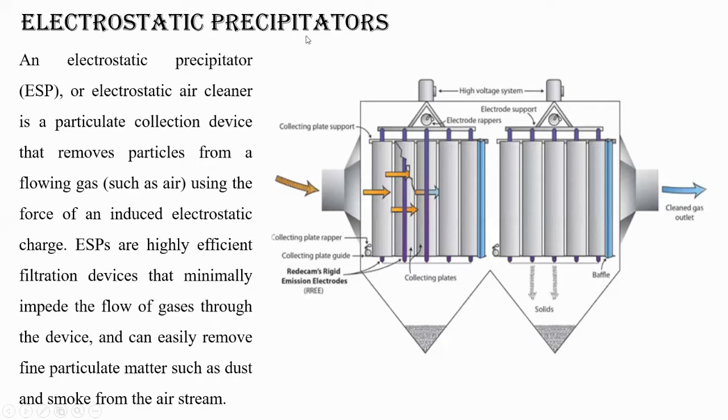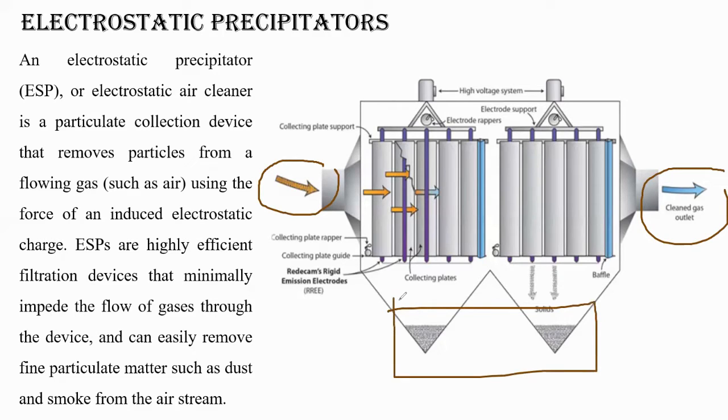You can see that this is the inlet and this is the outlet. Okay, and these are the collection plates where the dusts will be collected. So what will happen in this high voltage system, right? Electrode wrappers are present, and from the left side the air will enter, then these wrappers will separate this particular air from the dust particles and particulates.